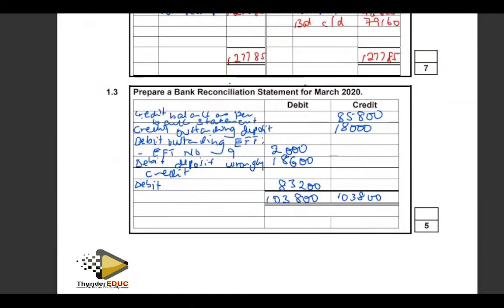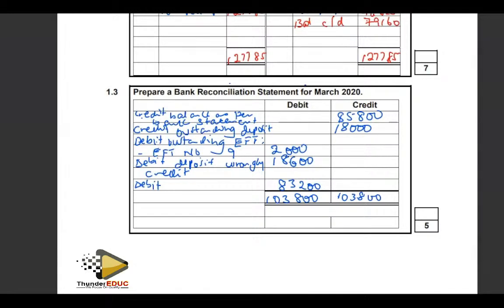Maybe there is some total we wrote wrongly. I'll need to cross-check. 85,800 plus 18,000 minus 2,000, and we never left here, minus 18,600. It is 83.